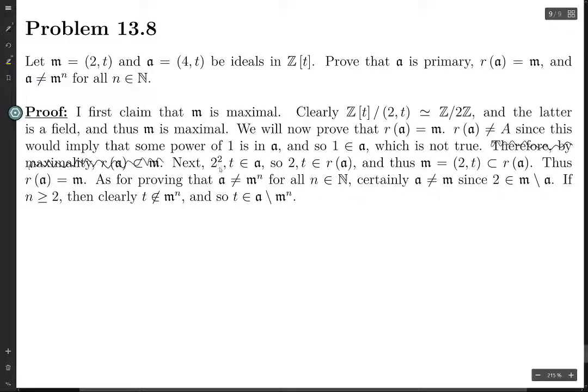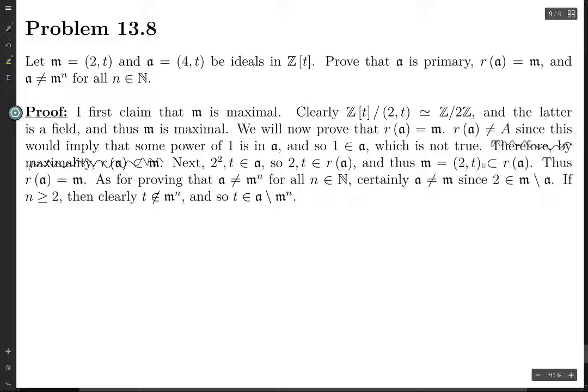However, we do know something about the relationship between the radical of a and m. 2 squared and t are both in a. So some power of 2 is in a, and some power of t is in a, namely 2 raised to the power of 2 and t raised to the power of 1. That means these two elements are contained in the radical of a. These are the generators of m, so m is the ideal generated by 2 and t.